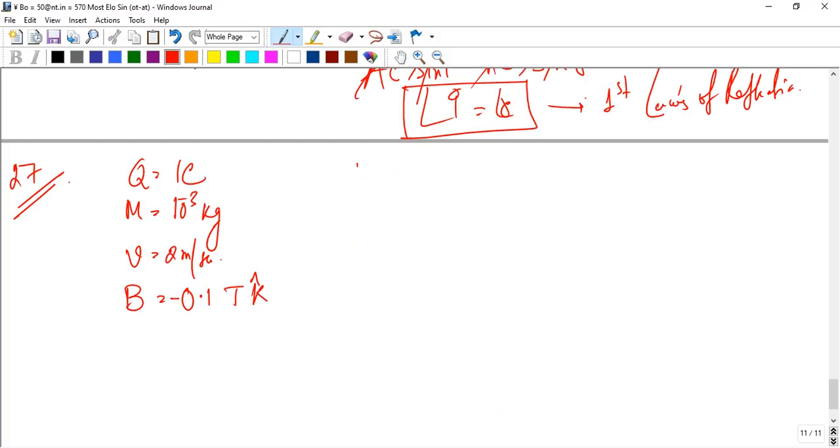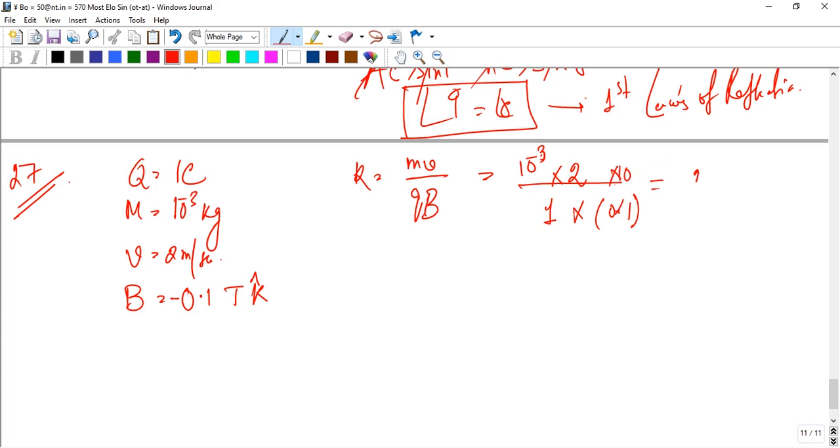The radius R equals mv by qB, so m is 10 to the power minus 3, v is 2, q is 1 coulomb, B is 0.1 Tesla. Solving, we get 2 into 10 to the power minus 2 meter, so the radius is 2 centimeter.